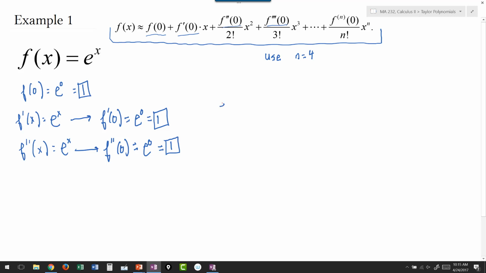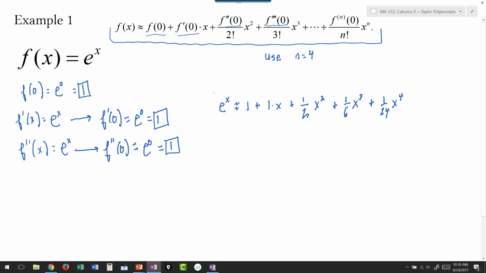Going out to degree 4, our result is e to the x is well approximated by the polynomial 1 plus 1 times x plus 1 over 2 times x squared plus 1 over 3 factorial, which is 6, x cubed, and the last term would be 1 over 4 factorial, which is 24, x to the 4th.